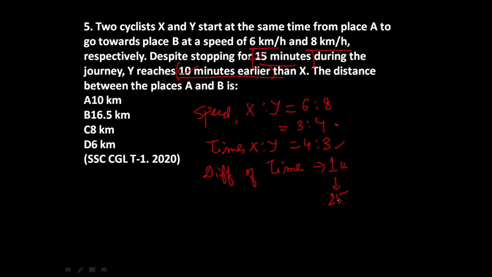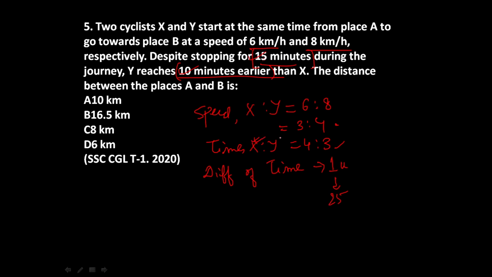So if 1 is equal to 25, it says find the distance between the places A and B. We have to get the speed and time both to get the distance. Then the time taken by X will be 4 into 25.